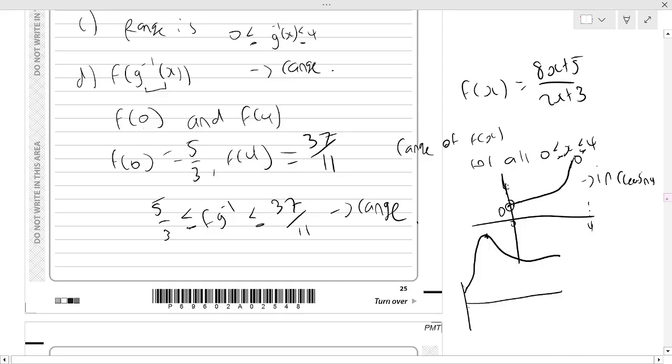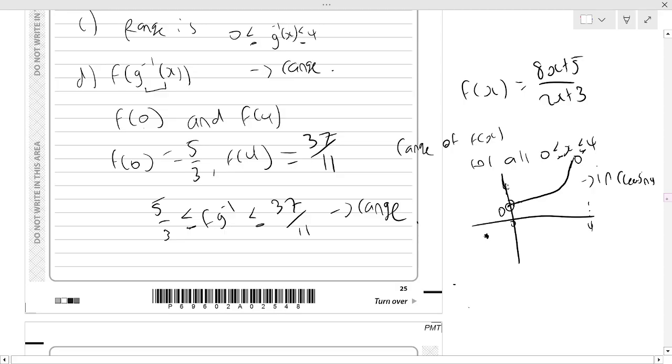Then it wouldn't be just increasing; it would increase, then decrease down to 37 over 11, which is still bigger than the starting point, but that's not the maximum anymore. But because it's only increasing, there are no turning points. It's strictly going up from A to B, so the end points are the minimum and the maximum. Hopefully that made sense.